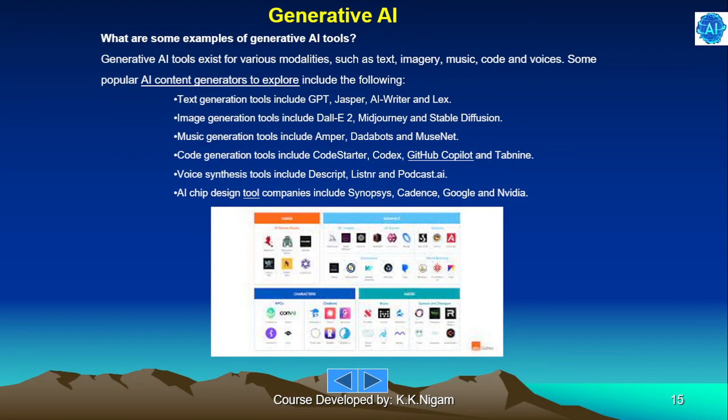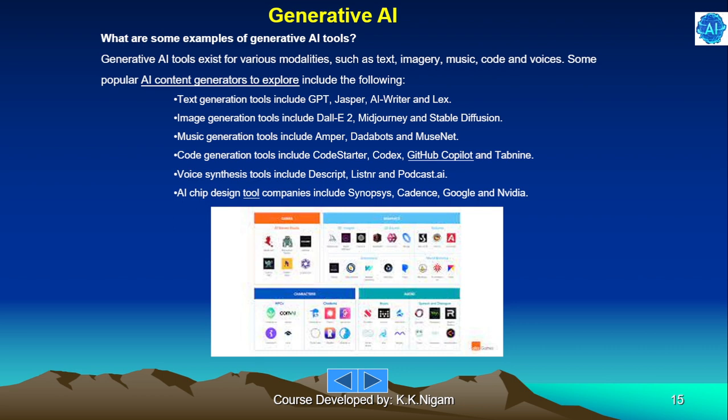What are some examples of generative AI tools? Generative AI tools exist for various modalities such as text, imagery, music, code, and voices. Some popular AI content generators to explore include the following: text generation tools like GPT, Jasper, AI Writer, and Lex.